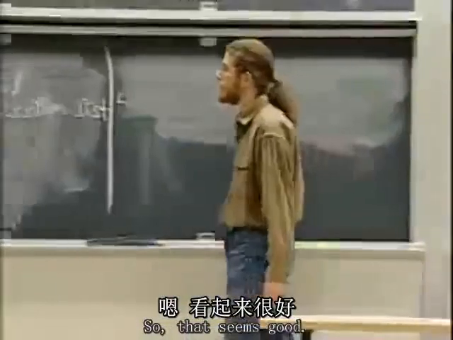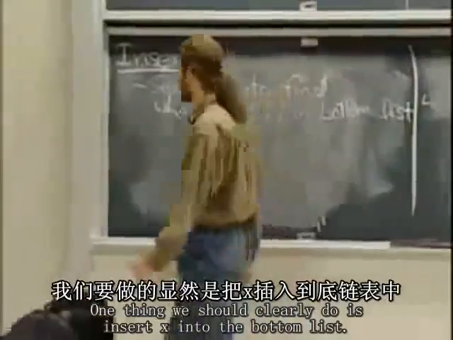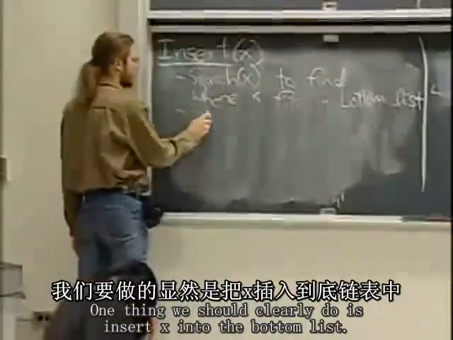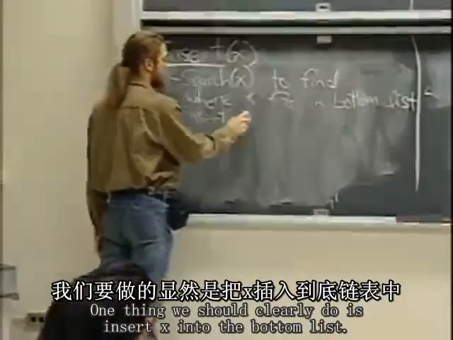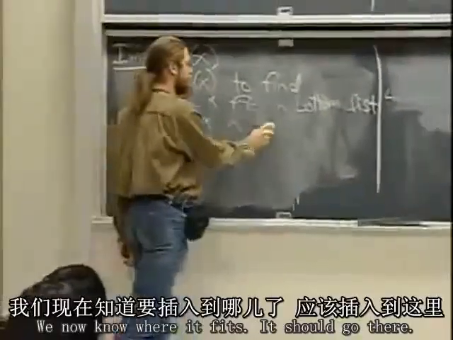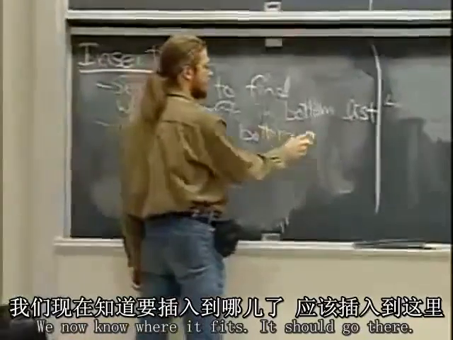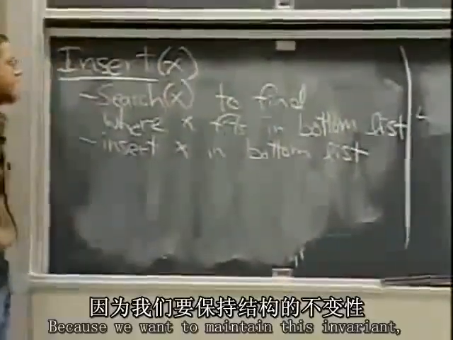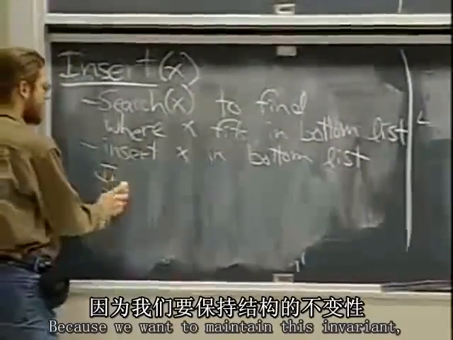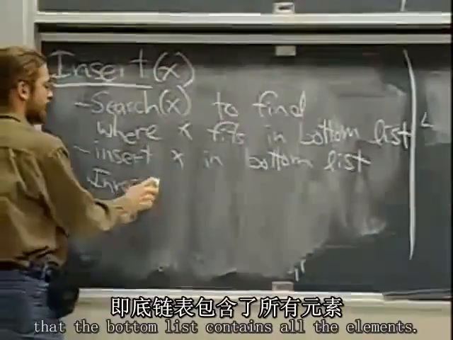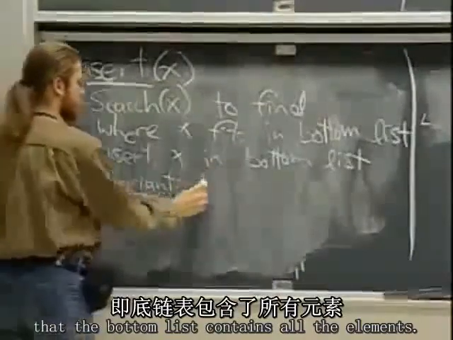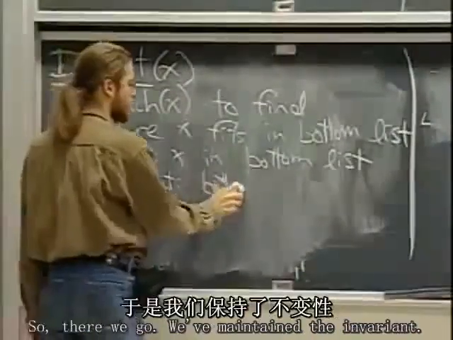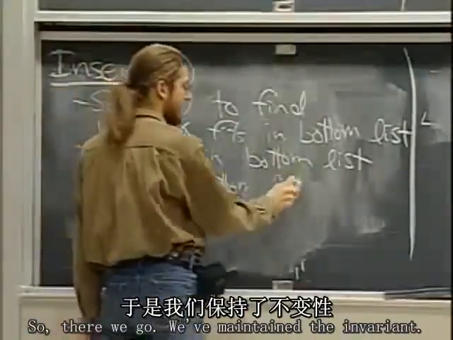So that seems good. One thing we should clearly do is insert x into the bottom list. We now know where it fits. It should go there. Because we want to maintain this invariant, that the bottom list contains all the elements. So there we go. We've maintained the invariant.